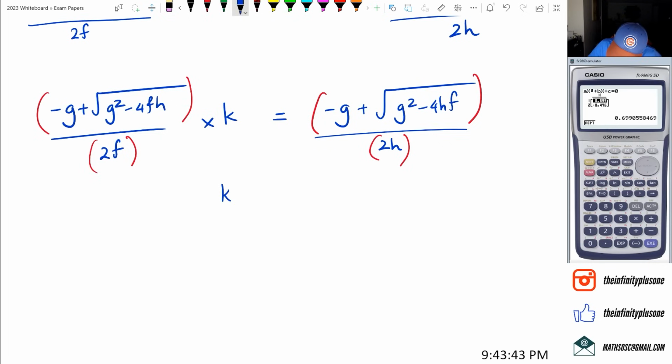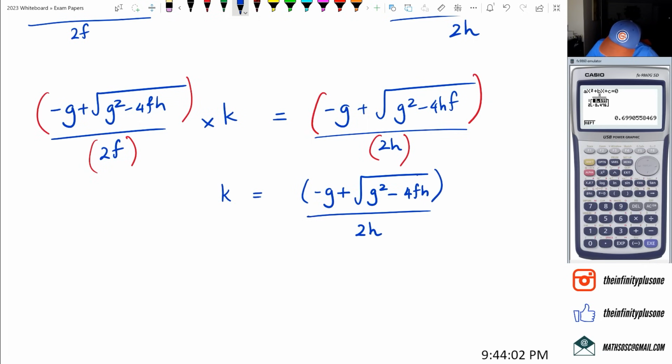So I am going to switch this across. So I've got k equals, well, I'm not doing anything here, so it's negative g plus the square root of g squared minus 4hf. Now the only change I'm going to do here, guys, is to rewrite this as 4fh, and that's still divided by 2h. But now, because I've got a fraction and I'm bringing it across to the other side, it will flip over.